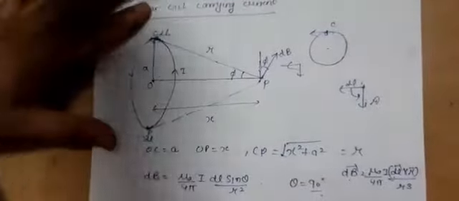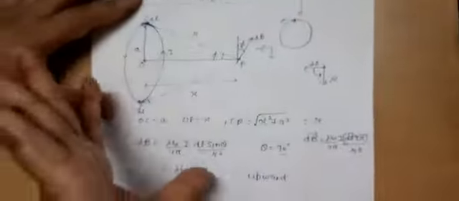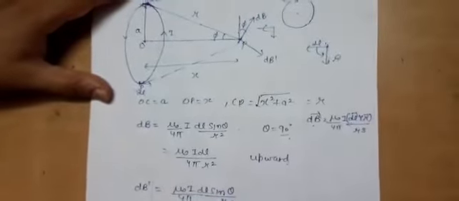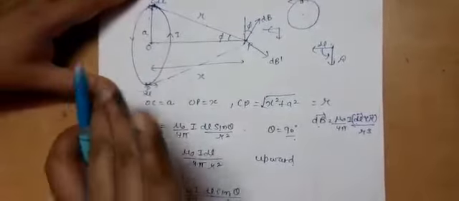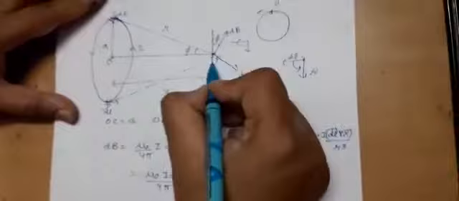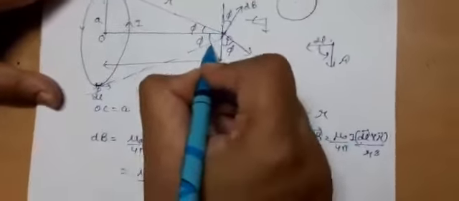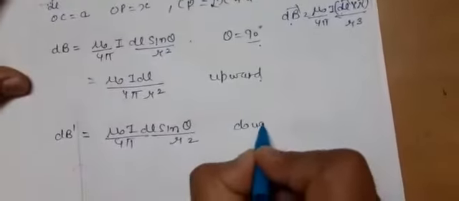If you take dl along this direction and r, the magnetic field will be directed along this direction. In the earlier case it was upward, but in this case it will be downward. Again, this angle will be phi, because they are diametrically opposite ends, so the angles will be equal. So now it will be downward.